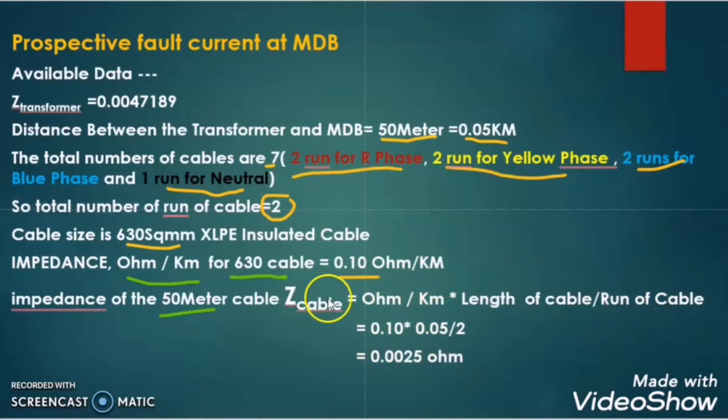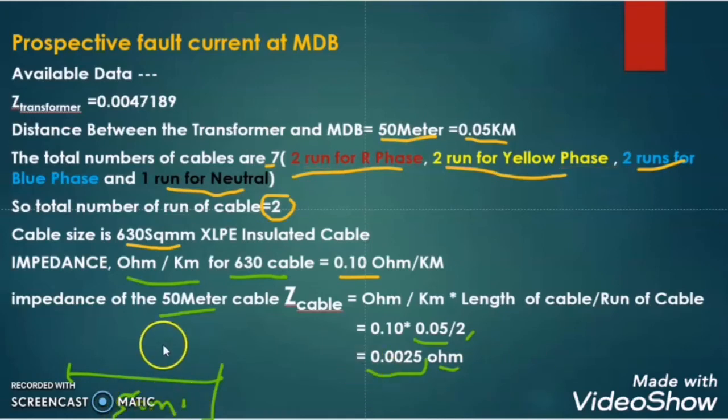So the ohm per kilometer is 0.10, the length of the cable is 0.05 kilometer and the number of runs is 2. When we calculate, the value will come as 0.0025 ohm. It means this 50-meter length cable will offer a resistance of 0.0025 ohm. Hope you understand this one.